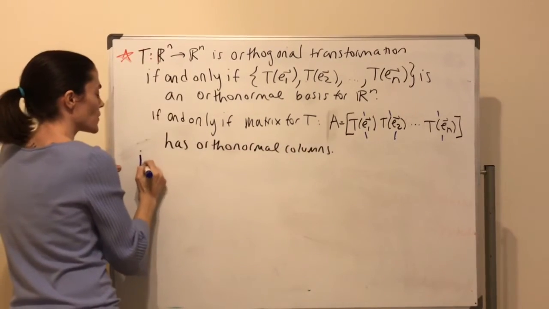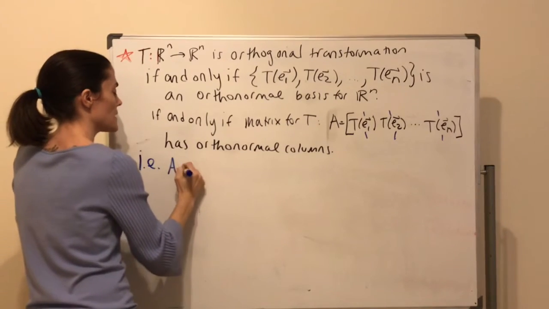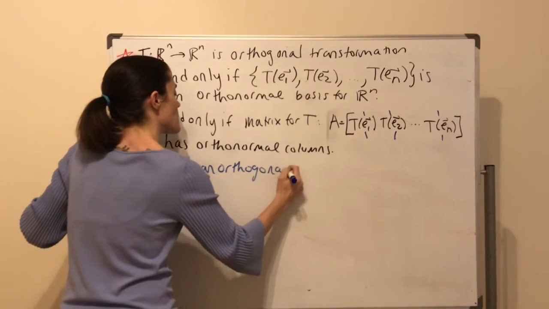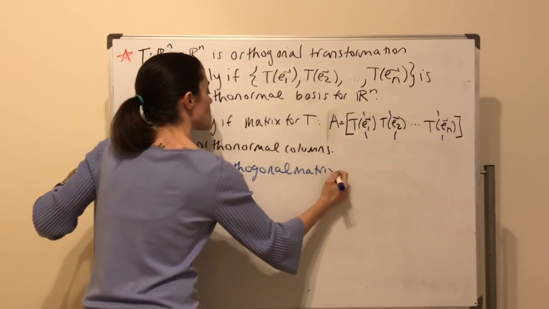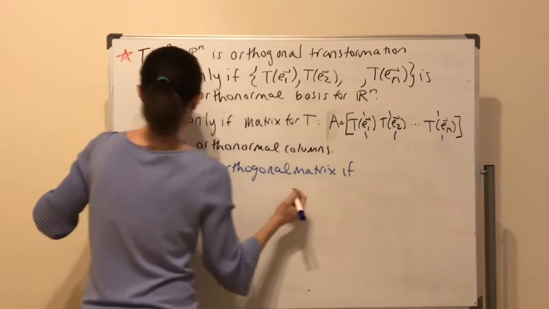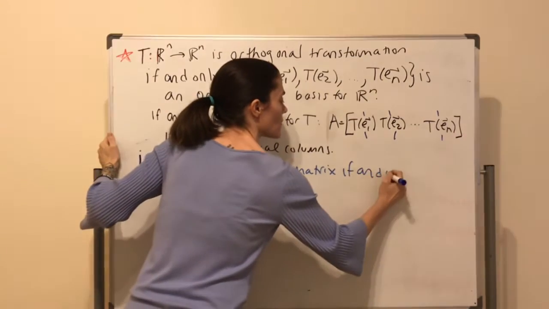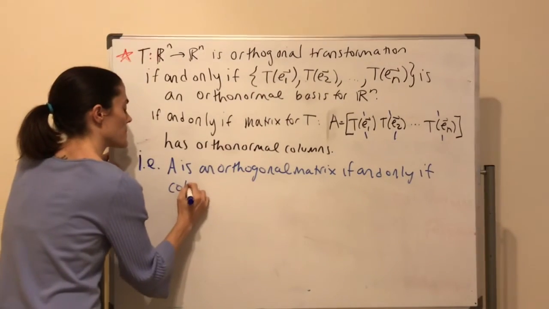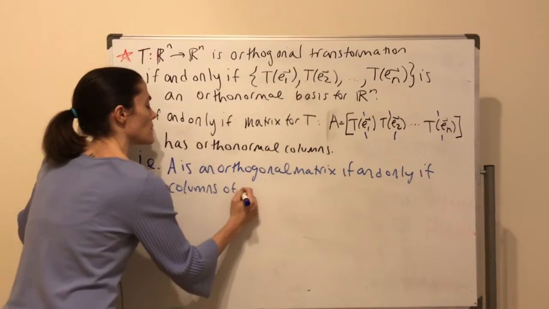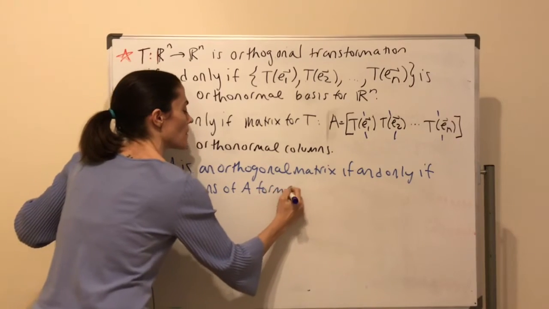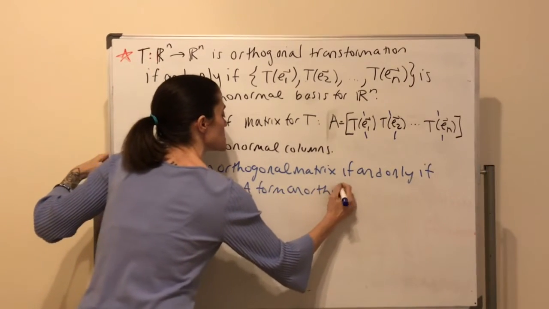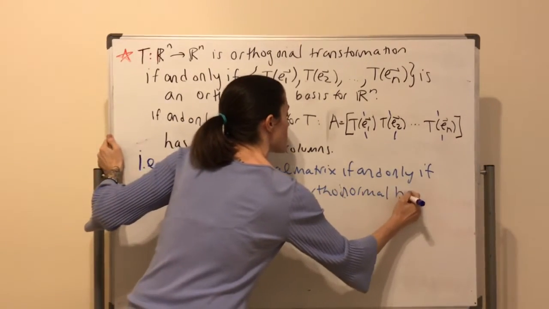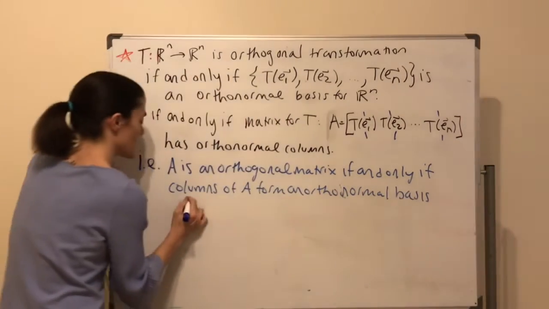So in other words, A is an orthogonal matrix if and only if the columns of A form an orthonormal basis for Rn.